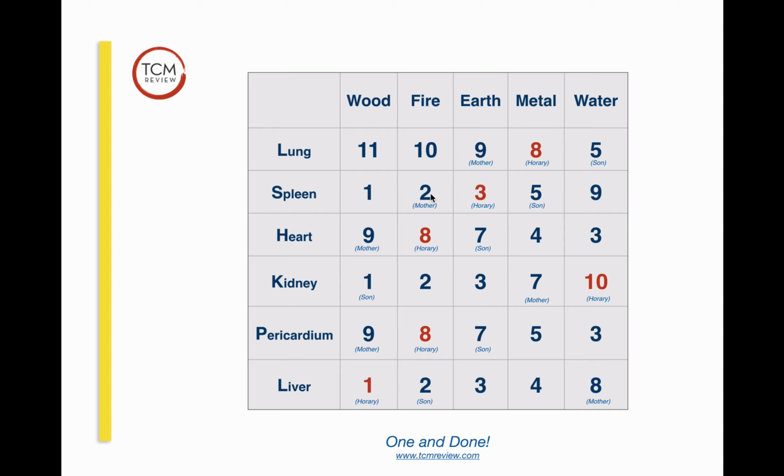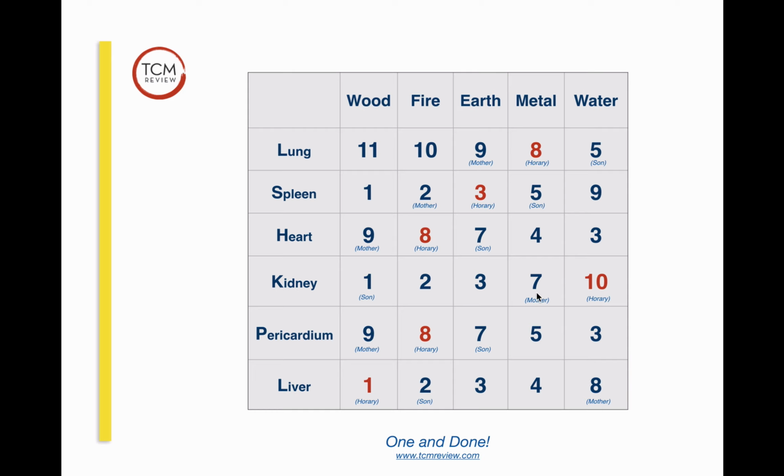If spleen 2 is the mother, the third point that we could use would be heart 8. That's also in red. Heart 8 is the fire point on the fire channel. Spleen 2 is the fire point on the spleen channel. When we look at kidney, the mother is kidney 7. Kidney 7 is a metal element point.